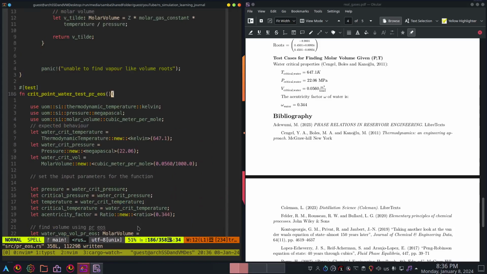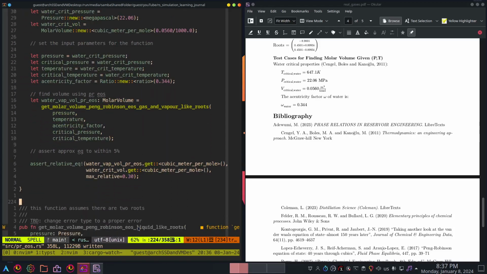It's not really great, but it sort of predicts the critical volume of the water in a rather poor manner. But at least we are not terribly far off.